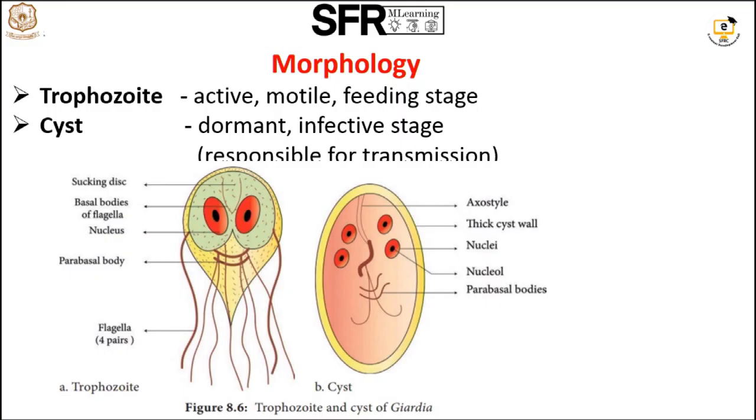In contrast, the cyst is the dormant, non-motile and infective stage that is responsible for transmission from one host to another. The cyst form is resistant to harsh environmental conditions and can survive outside the host, making it the main form found in contaminated food or water.